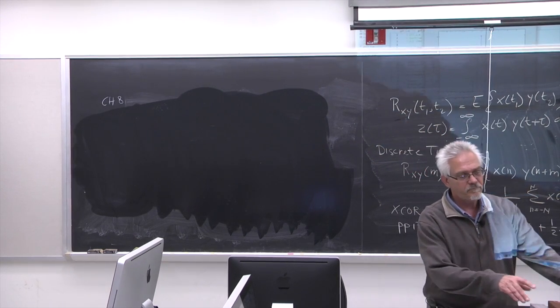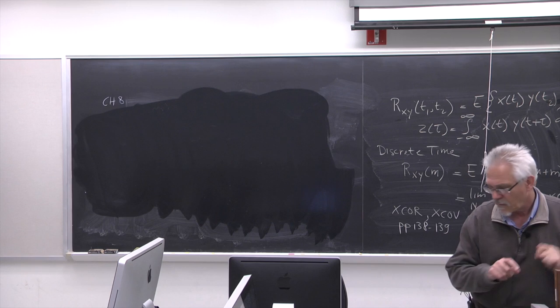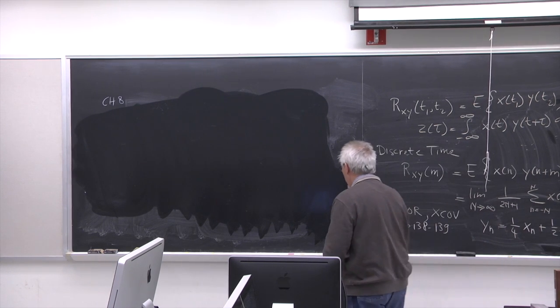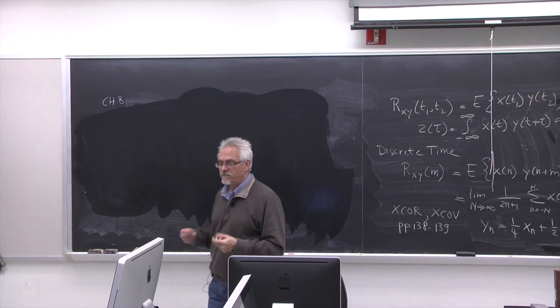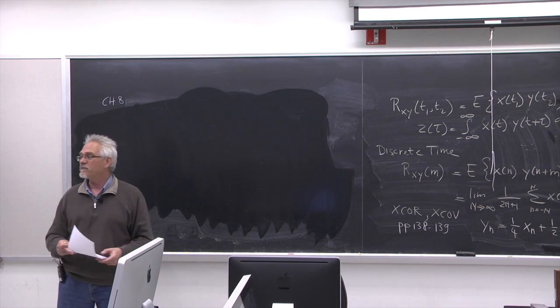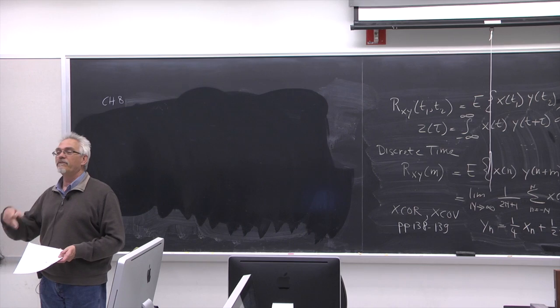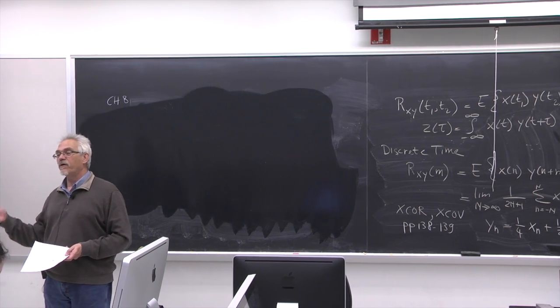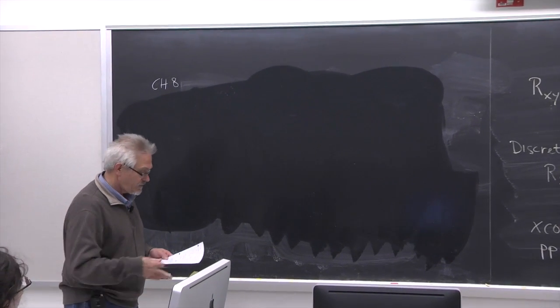Recall that for the convolution, the frequency domain expression became the product. So if I have the convolution of x and h, that became the product of the Fourier transforms.